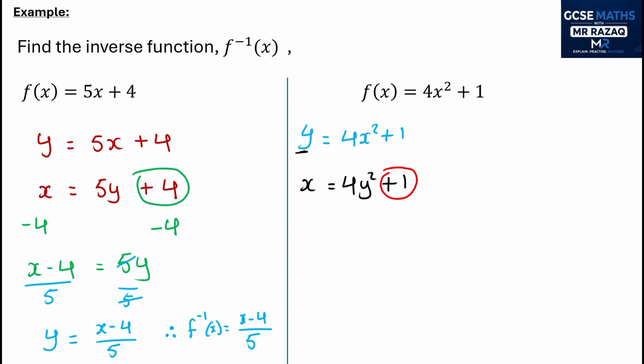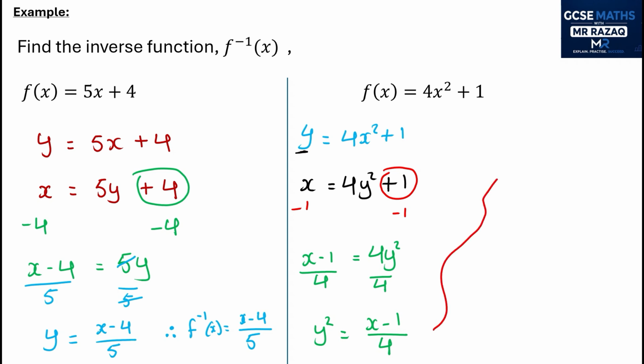If this is plus 1, the opposite is minus 1. And minus 1 on the other side as well. And this gives me 4y squared is equal to x minus 1. Now, divide both sides by 4, and you're left with y squared is equal to x minus 1 over 4.